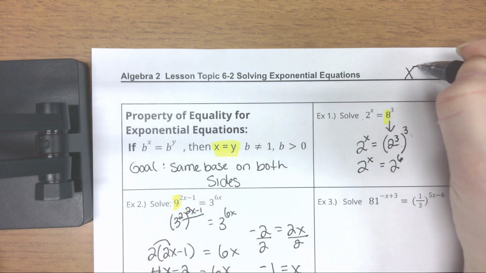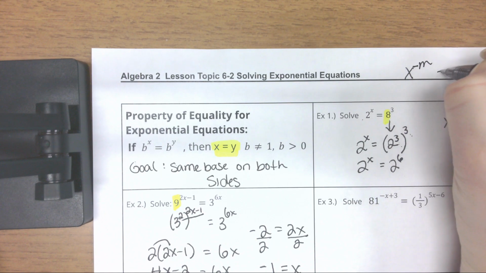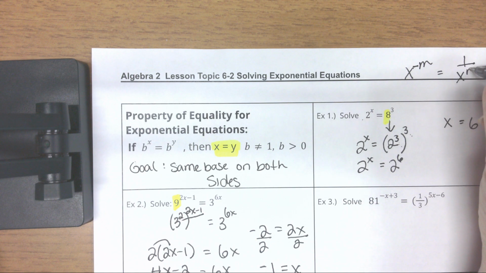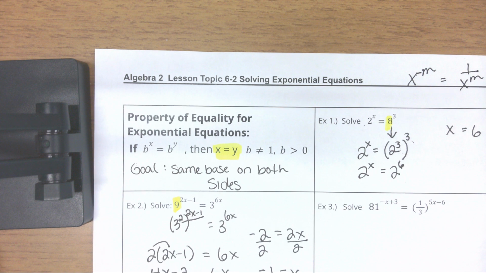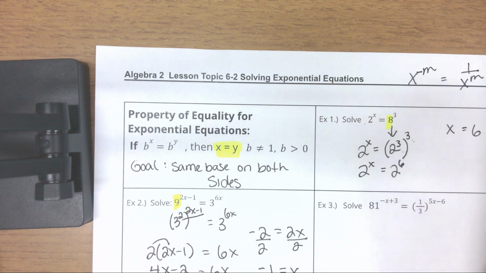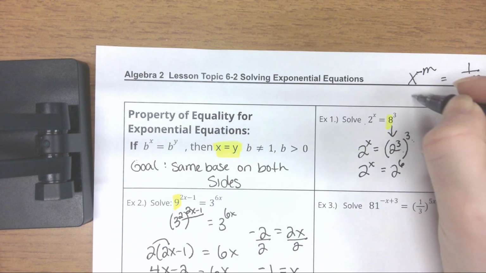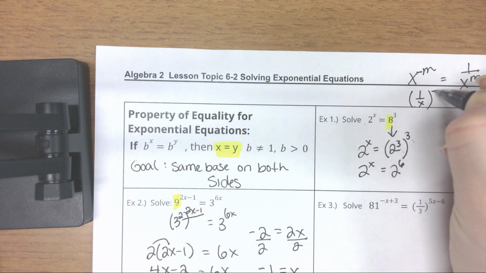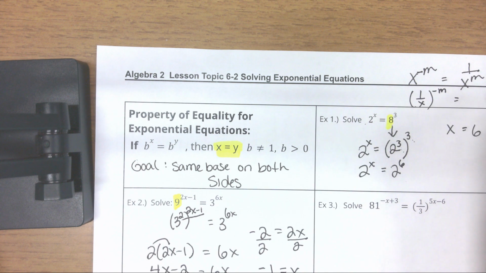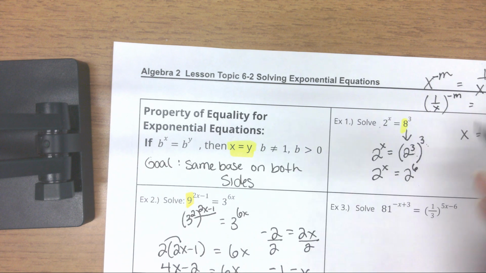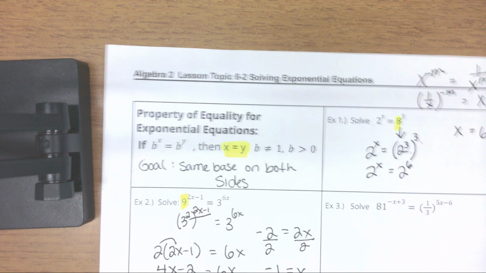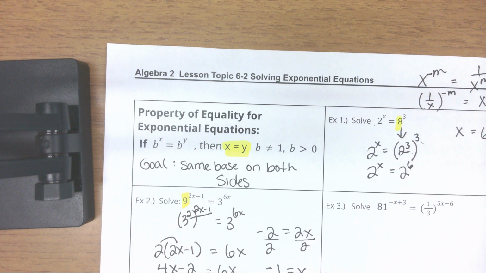So reminder that x to the negative m power is the same thing as 1 over x to the m. And the opposite would also be true. If I had 1 over x and I raised it to the negative m power, I would flip that around, and that would be the same as x to the m.